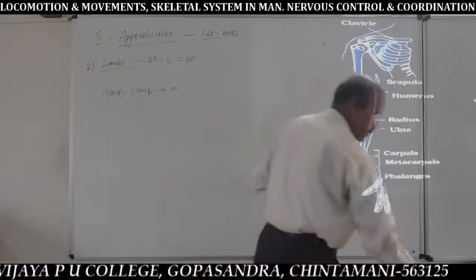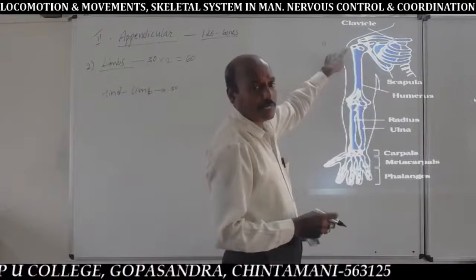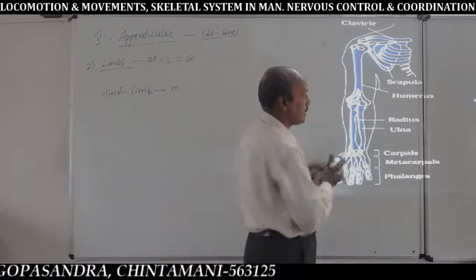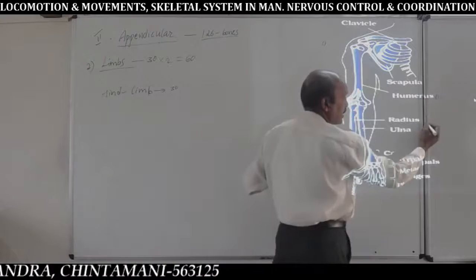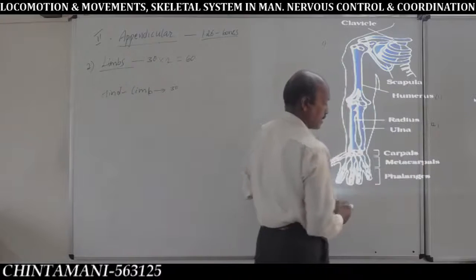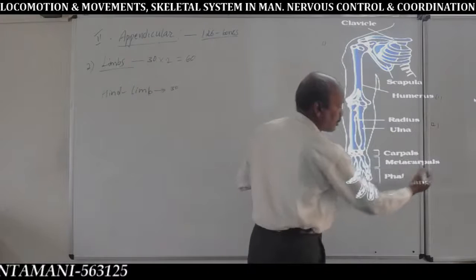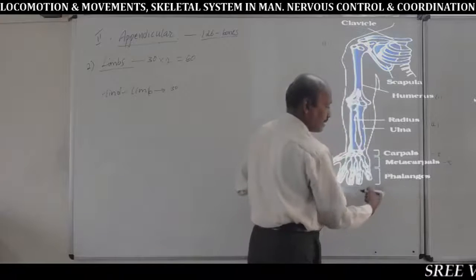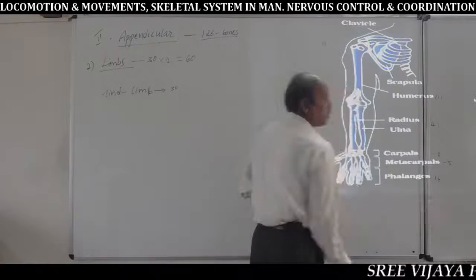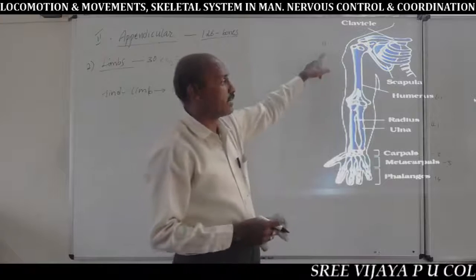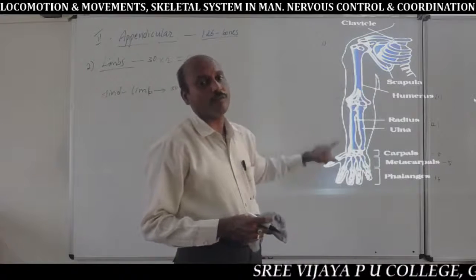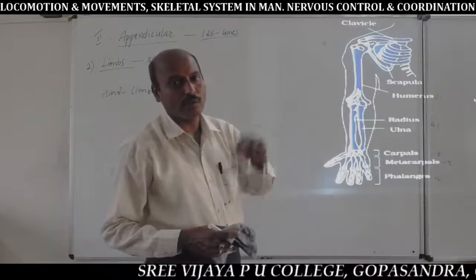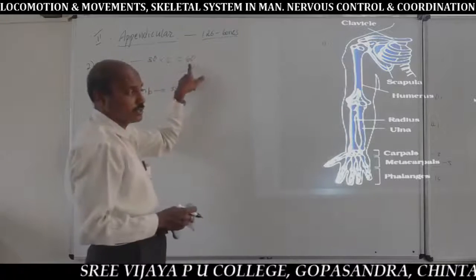Like, listen here, in the forelimb, humerus 1, radius and ulna 2, carpals 8, metacarpals 5, phalanges 14 in number. Totally 30 bones in each forelimb, and 2 forelimbs, right and left, so totally equals 60 bones.